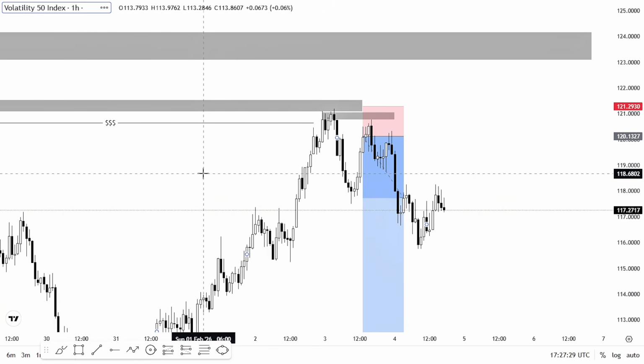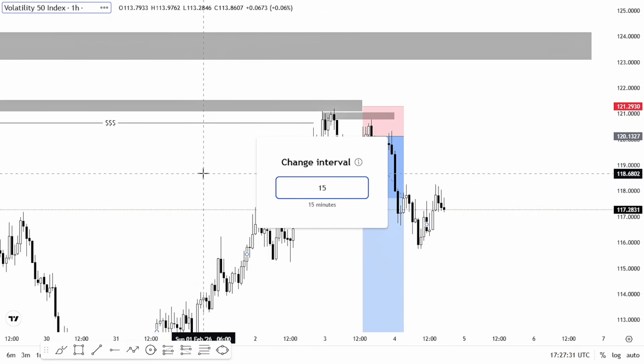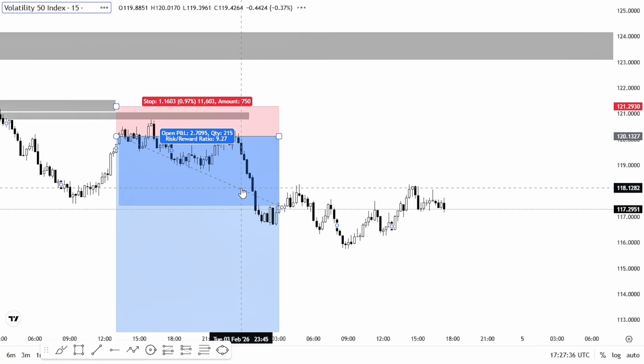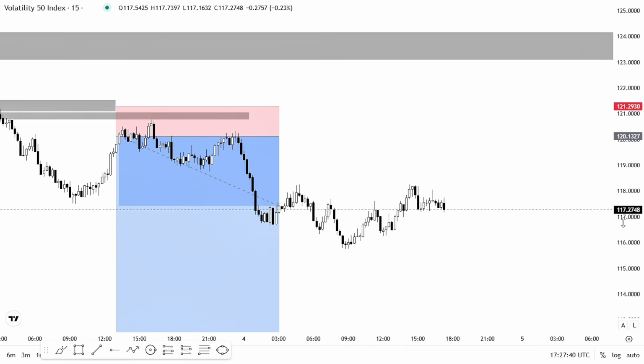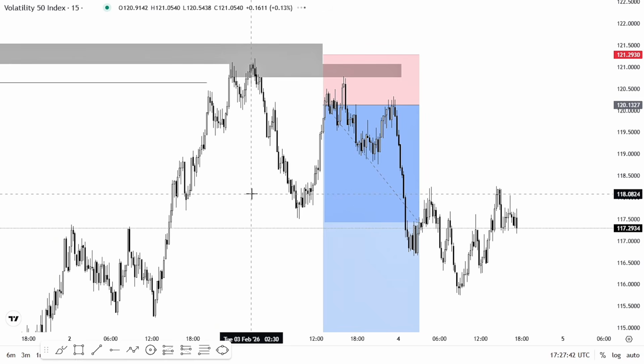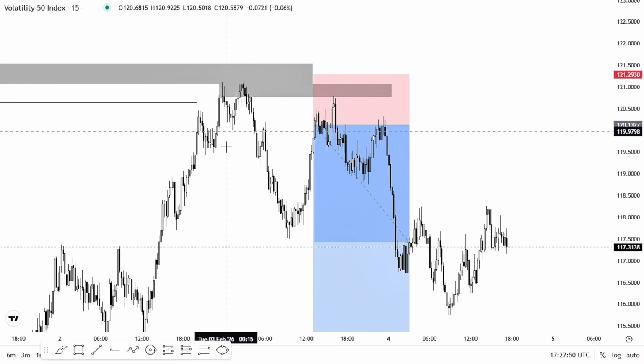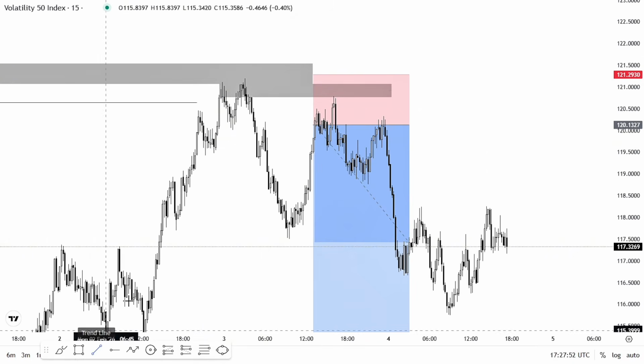We actually missed the original move. We missed the original entry, which is this right here. We have a sweep here, which is clearly visible.